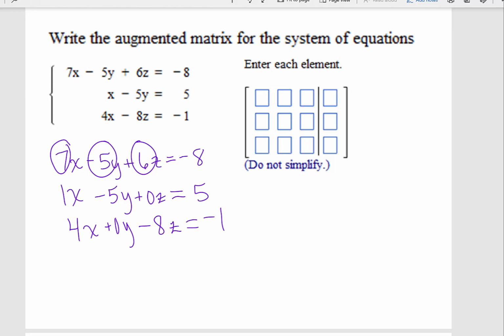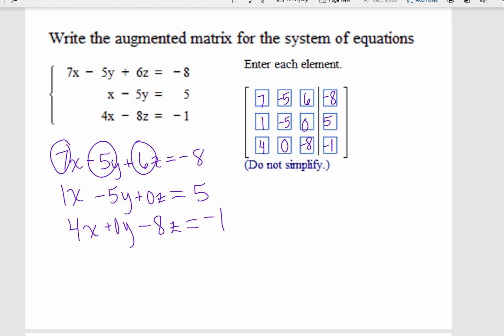So I'm only writing in my coefficients, 7, -5, 6, -8 for that top row. Second row, 1, -5, 0, 5, and then last row, 4, 0, -8, and -1. So it's completely direct like that.